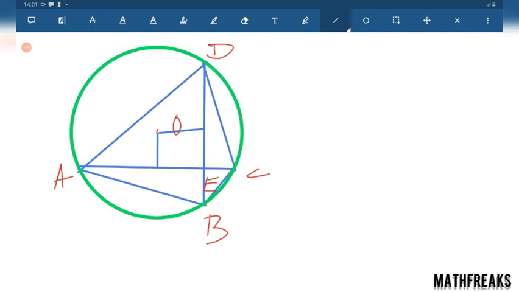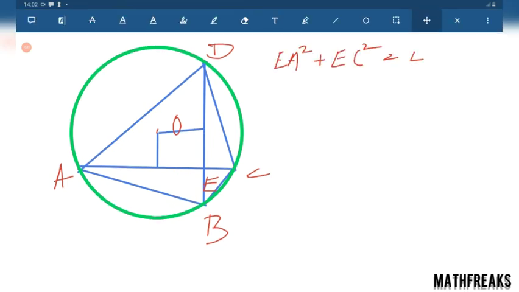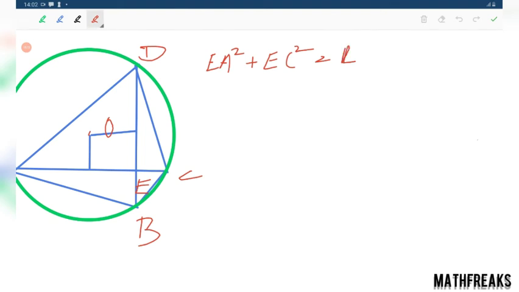Now we have to go for a brilliant type of calculation. EA square plus EC square can be thought of as EP plus PA whole square plus EC, which can be thought of as PC minus EP, whole square.